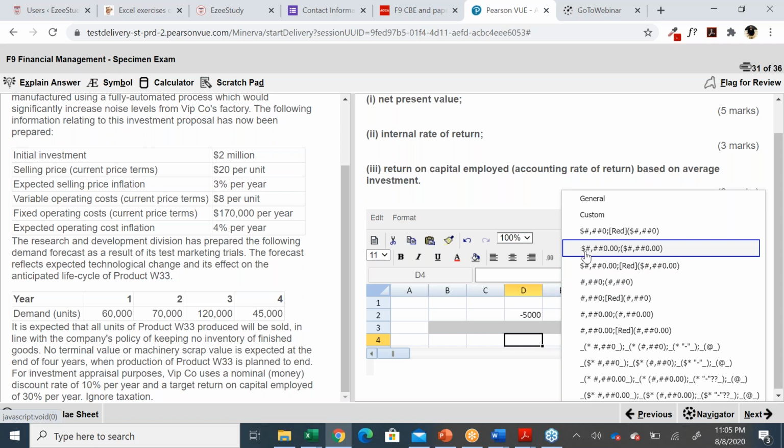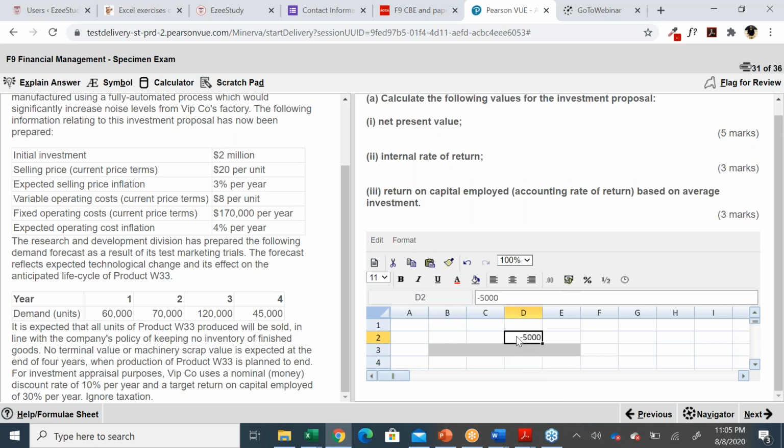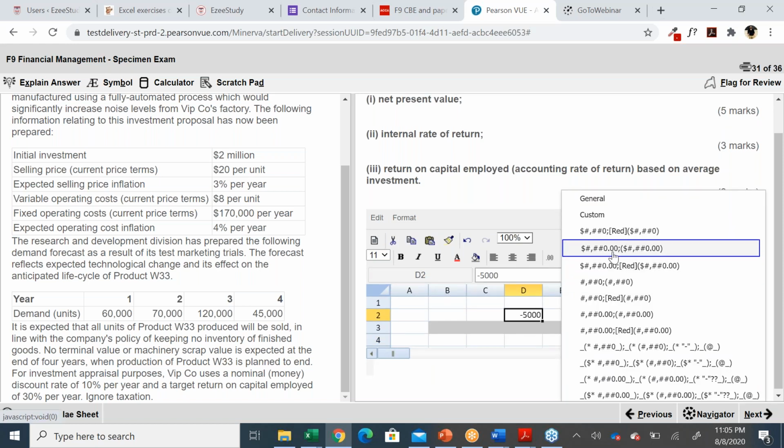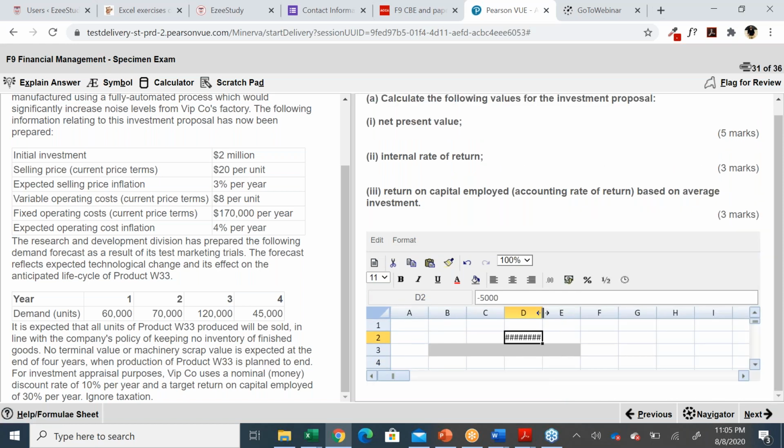The positive value should be shown with the dollars value up to 2 decimal places, and the negative one should be shown with the brackets. And we can also increase or reduce the decimal places, which I can't see at the moment.